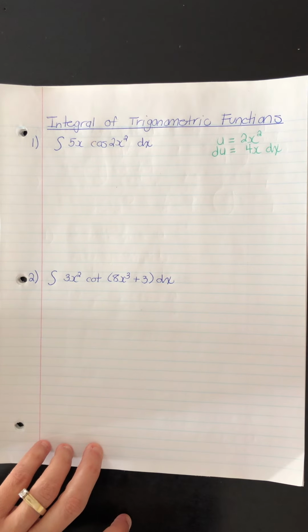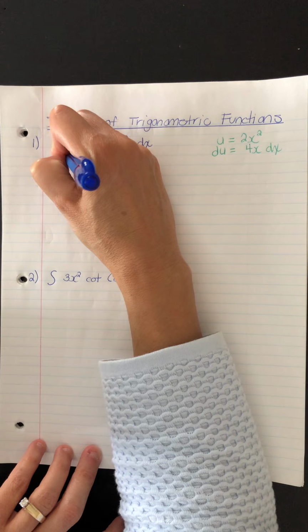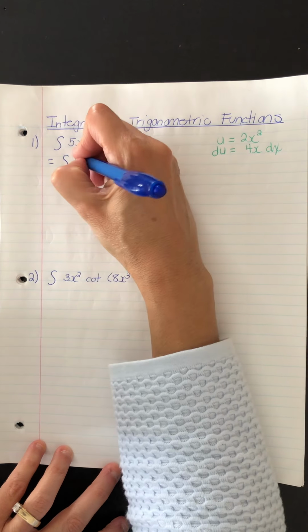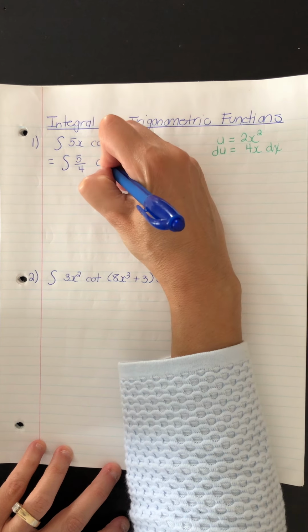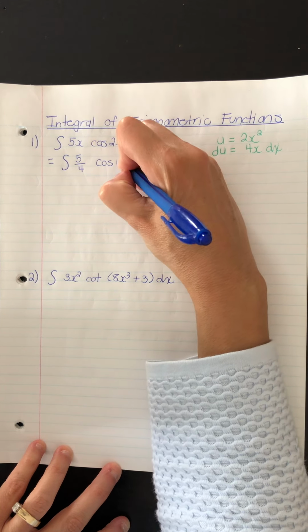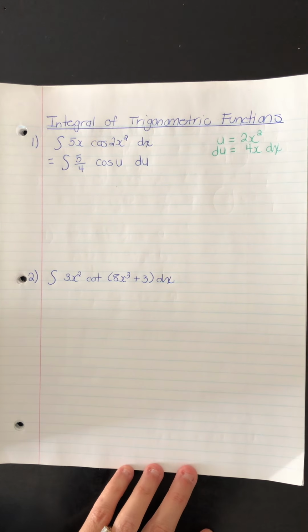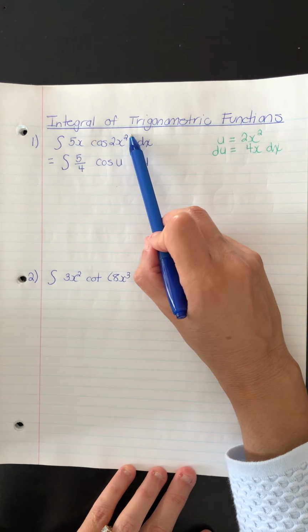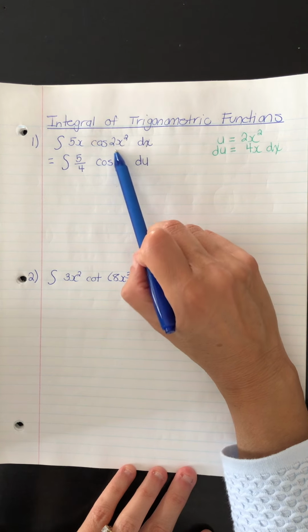So this means that we will rewrite this original integral like this: 5/4 times the cosine of u du. Okay, and again, how did we do that? We took the angle here and called it u.